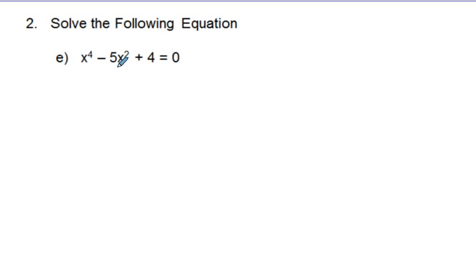And we can do that by saying let x squared equal another variable a. And if we do that, x to the fourth power we can rewrite as a squared.